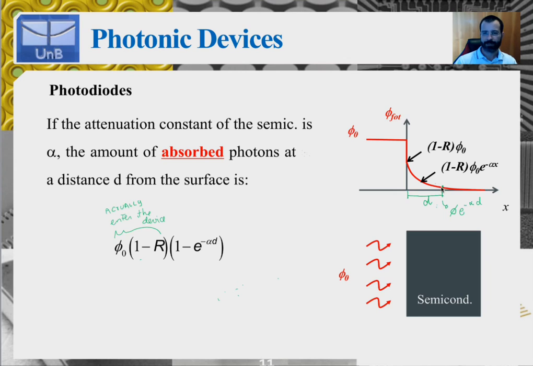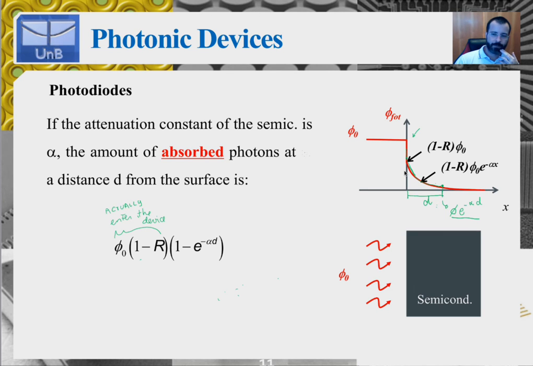Does this make sense? So the photon rate is going to drop exponentially, and at a distance d from the interface it's going to have this value, assuming that phi is the photon rate right at the right side of the interface, when the beam has actually entered the device.